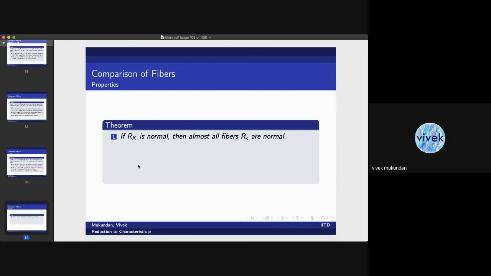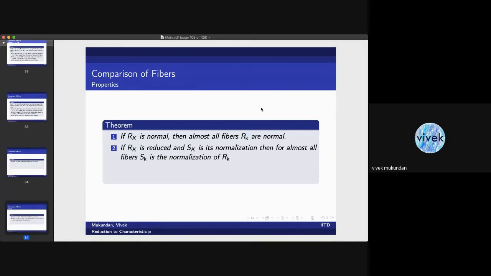So if you have Cohen-Macaulayness and the reducedness condition appearing, then it's natural to expect what happens to the normality condition. So if R is normal, then for almost all fibers, the fiber R_K is also normal. And if R is reduced and S is the normalization, then for almost all fibers, the fiber S_K is the normalization of R_K.